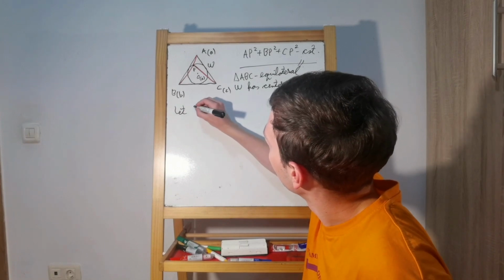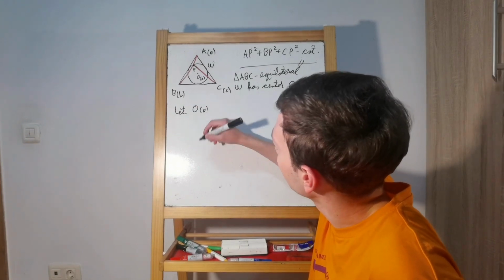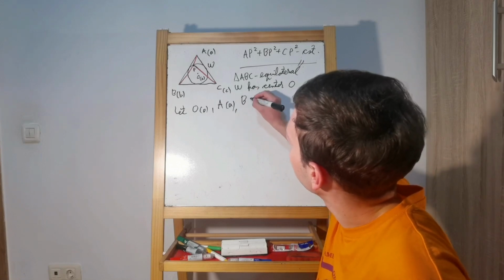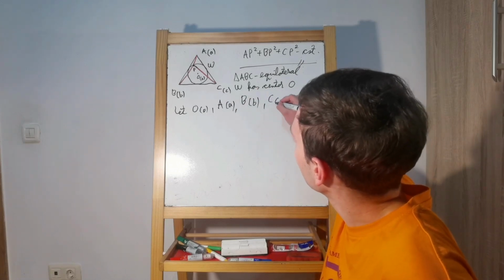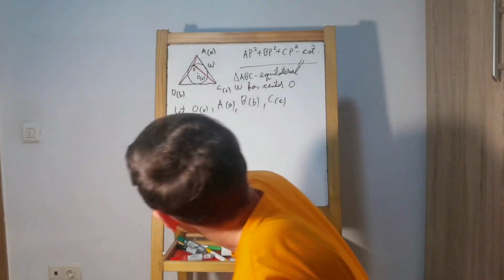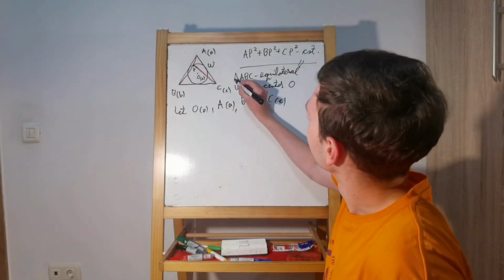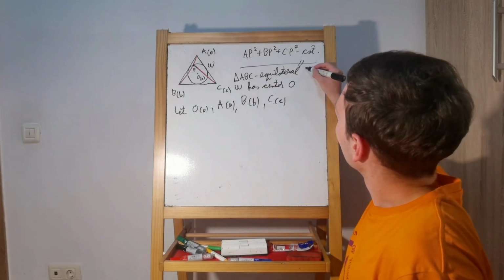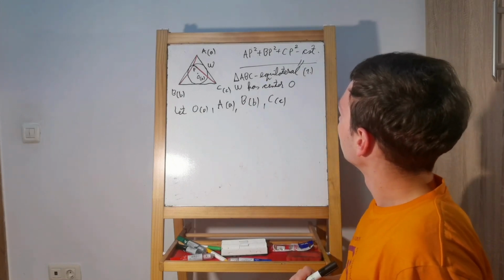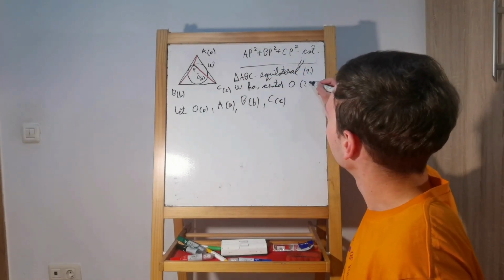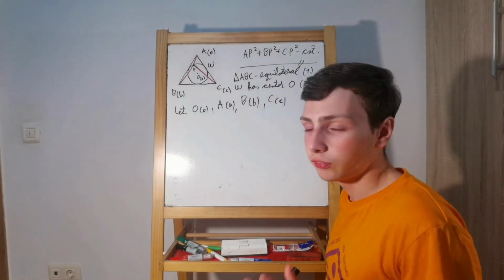Let O with apex 0, A with apex A, B with apex B, and C with apex C. Alright. From the fact that ABC is equilateral, which we'll call 1, and that omega has center O, 2, we'll derive the following.